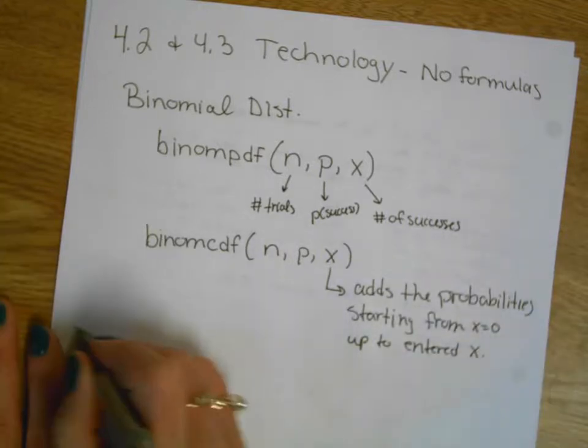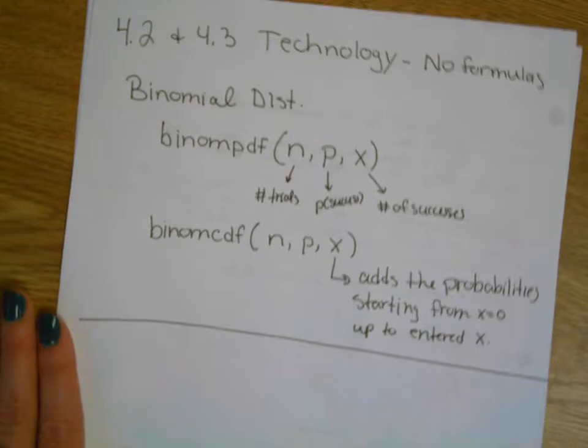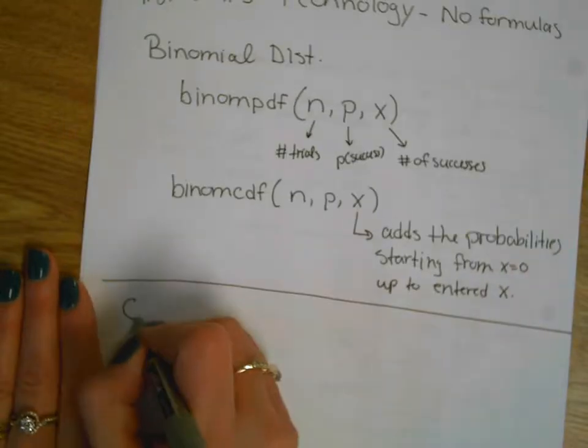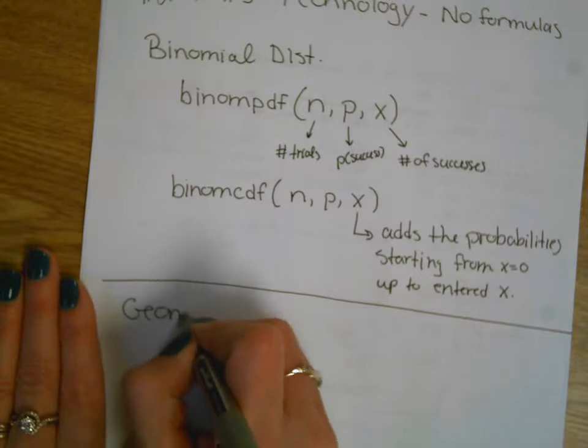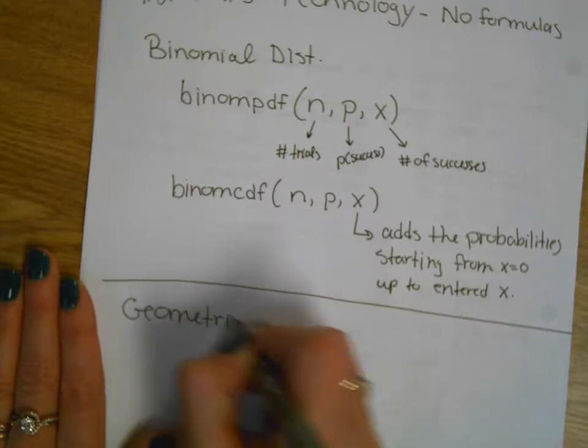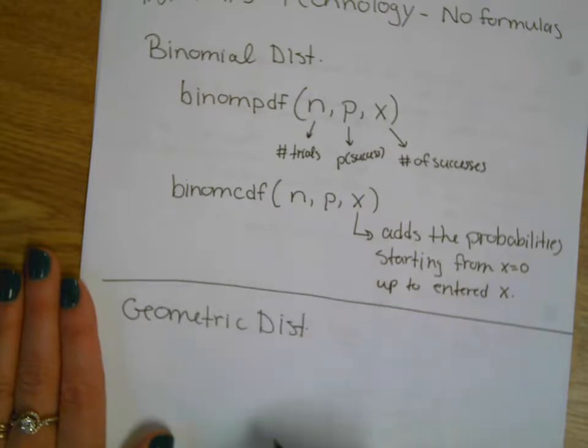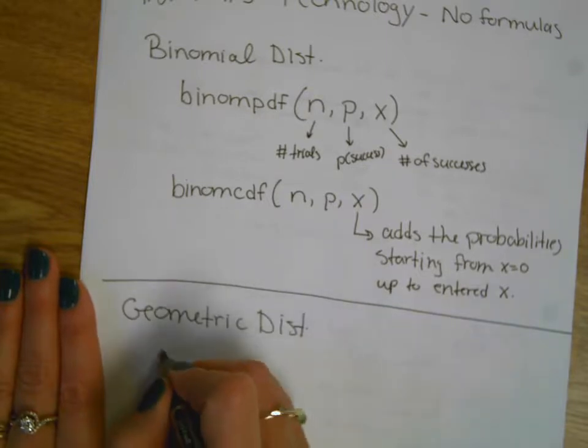Okay, so that's your binomial. Your geometric distribution: we've got GeoMet PDF.